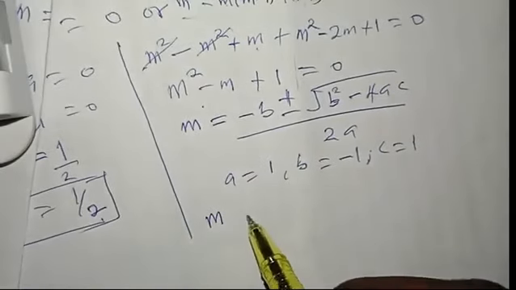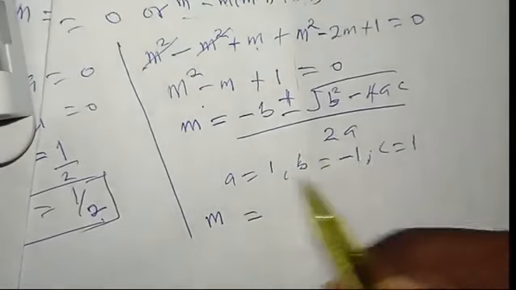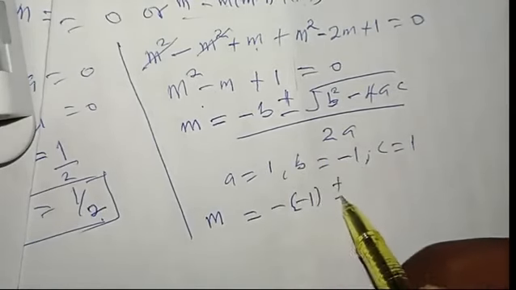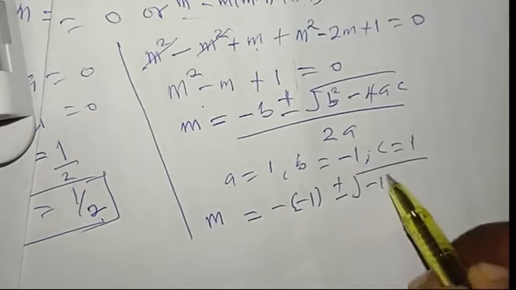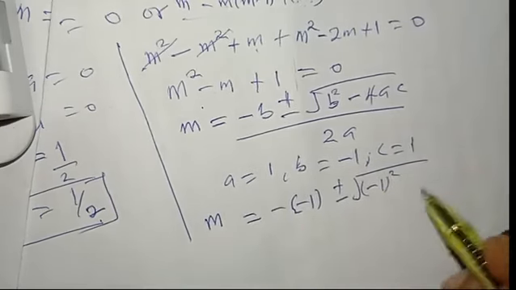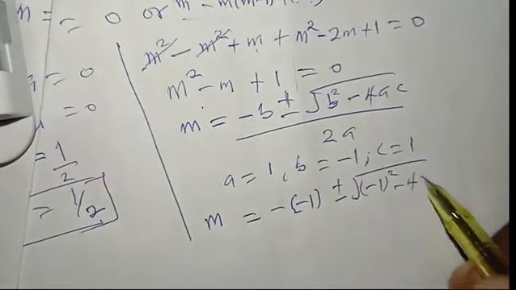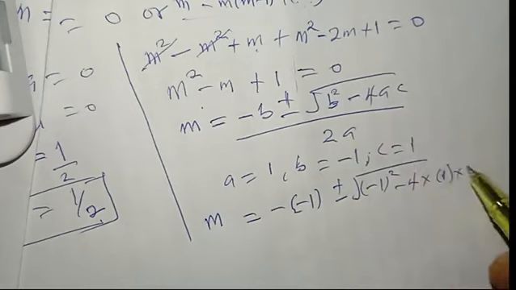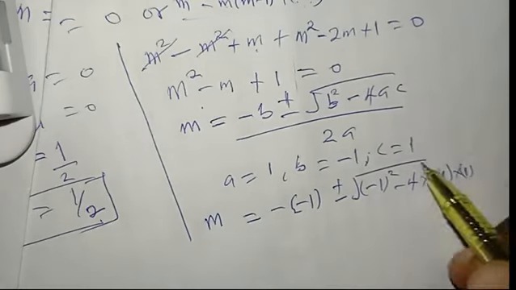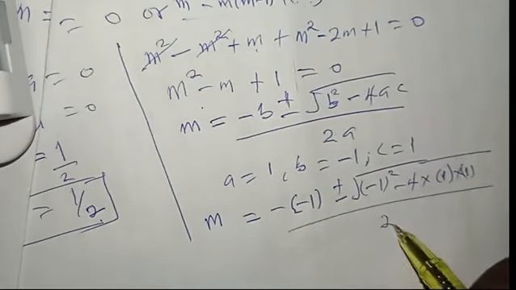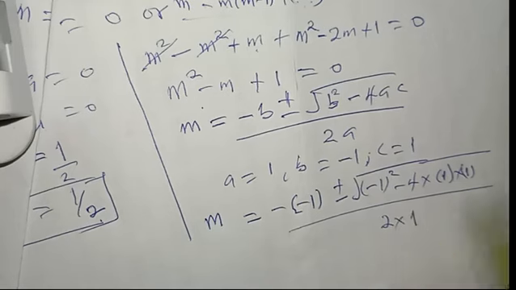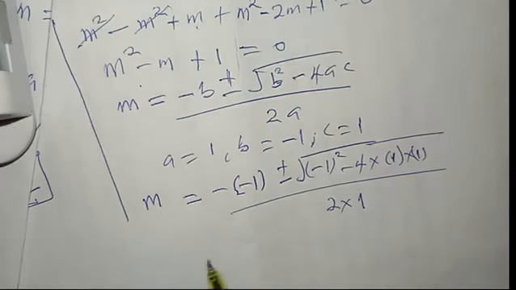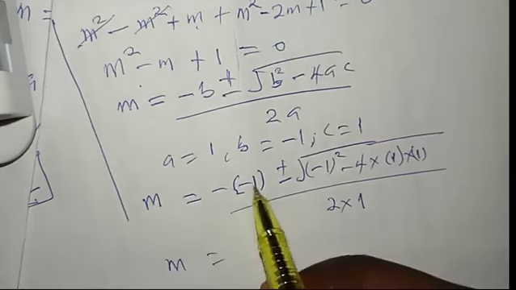Therefore, my m is going to be equal to minus of minus 1, plus or minus the square root of minus 1 squared minus 4 times 1, times 1 also, which is c, and it's all divided by 2 times a, which is 1.